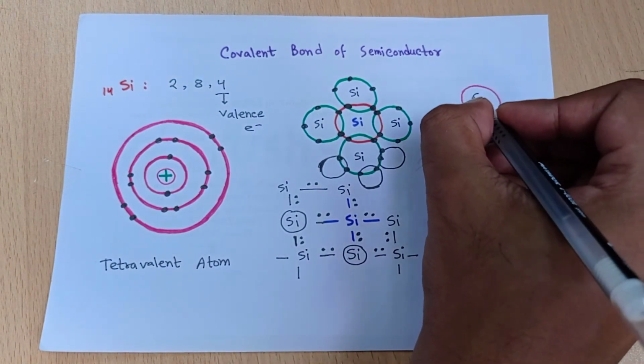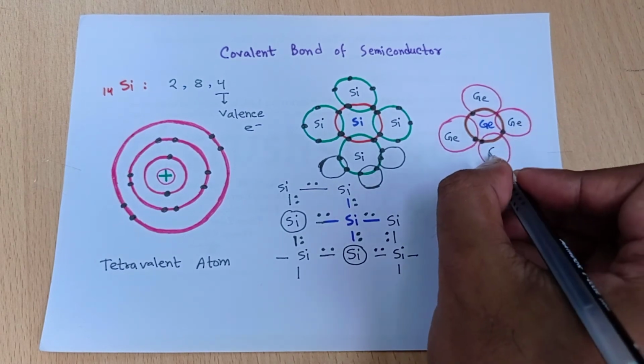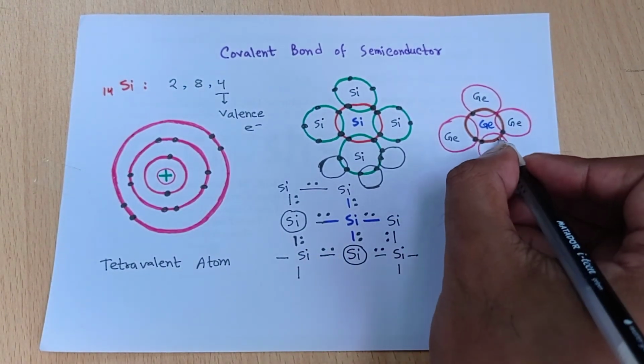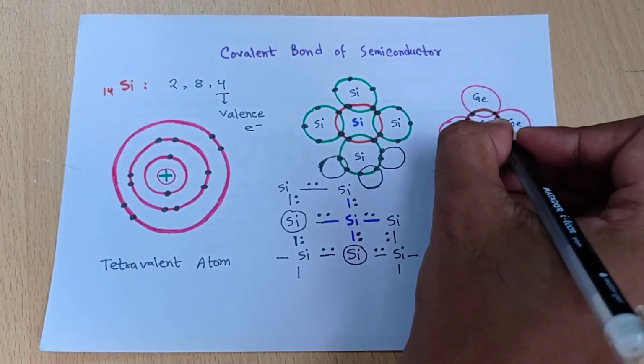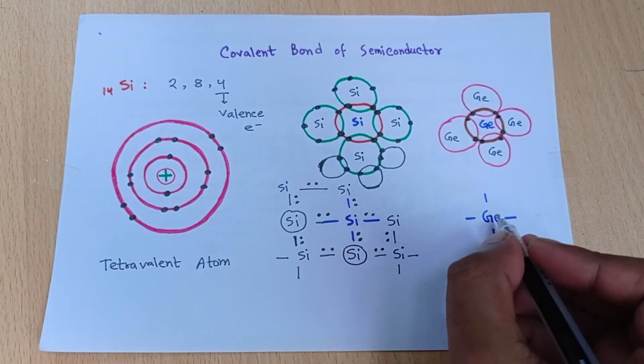Suppose those are our other germanium atoms, each with only 4 outer shell electrons, and these can easily make covalent bonds with another germanium atom. So if I want to show this in a very simple structure, then this is the way.